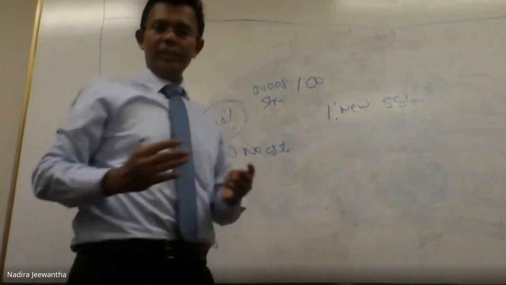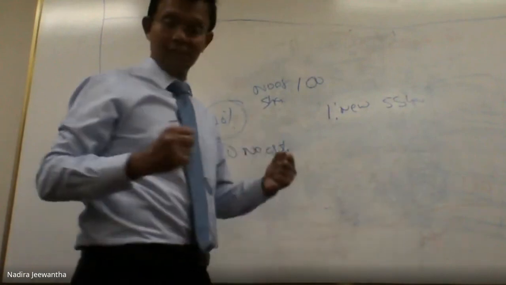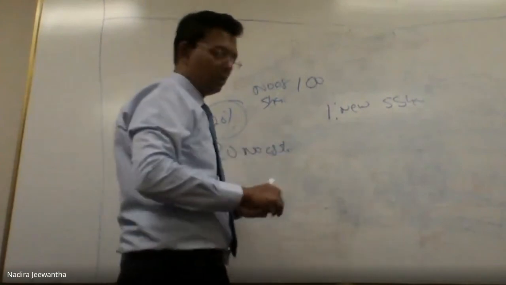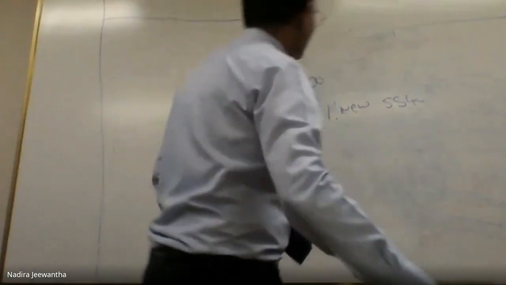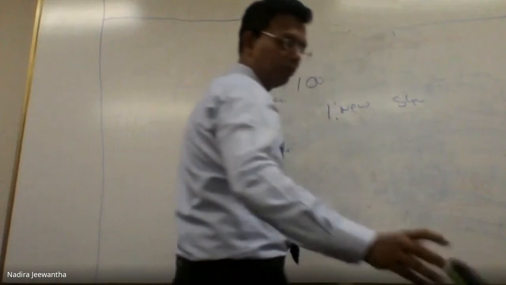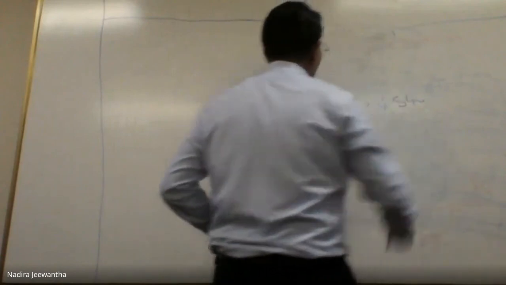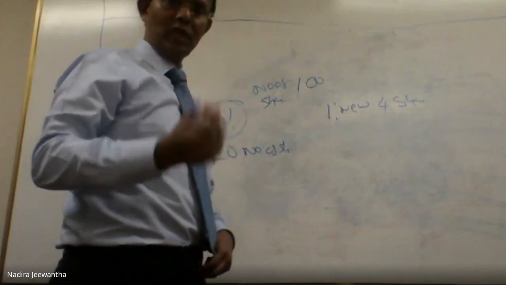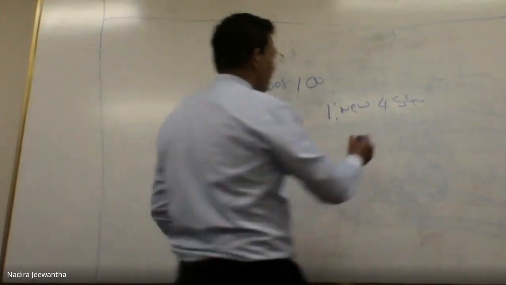So after the rights issue, how much? How many new shares come? One new share for every 4, so out of 100 shares, the new shares are 25.